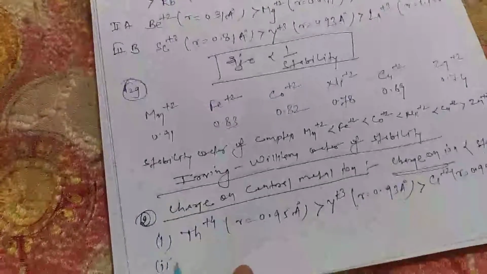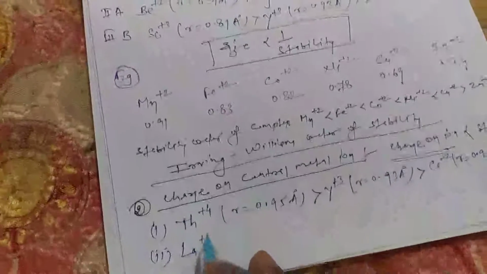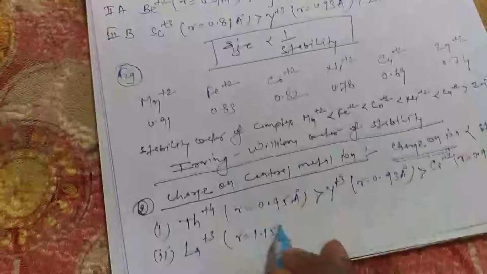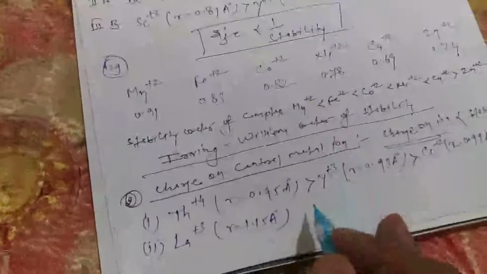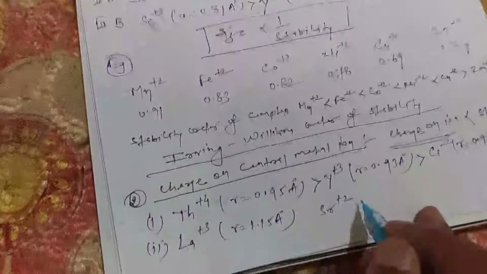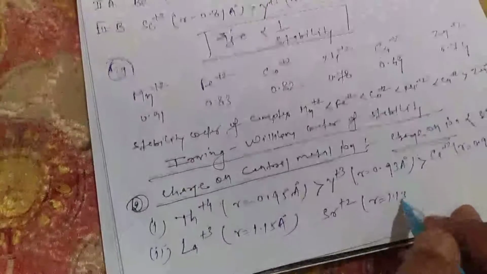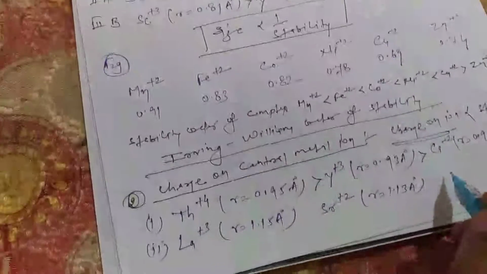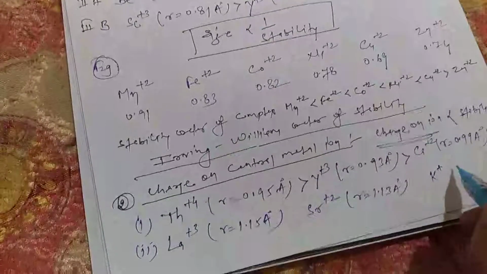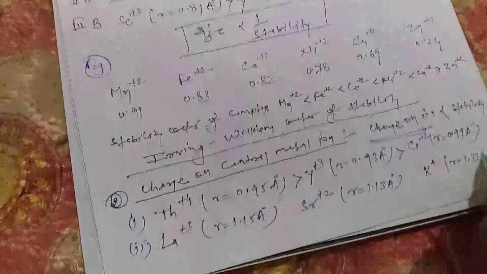Let's take another example. Lanthanum plus 3, so here the size is 1.15 angstrom. Then strontium plus 2, here the size is 1.13 or so, almost. We cannot remember the exact value. Then potassium plus is 1 point something.